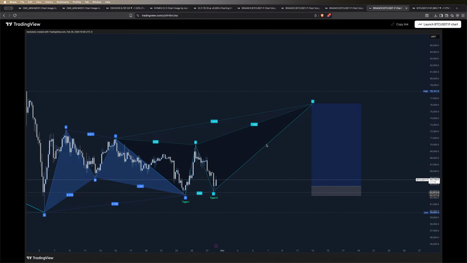Therefore, why do I have these patterns or pending projections in mind? Mainly based on the congregation of ratios, okay? From these highs to the lows, I can observe that this can result as a B point to where? To the 0.886.